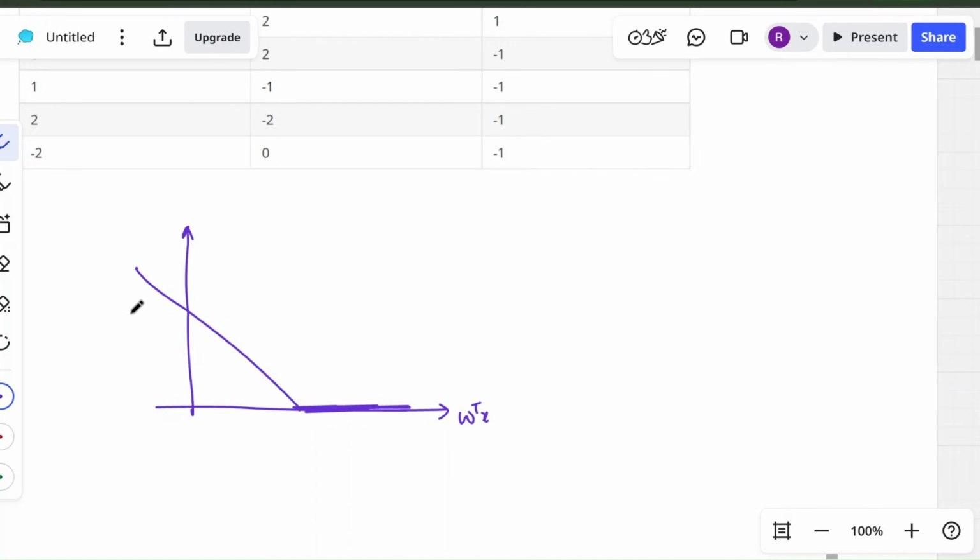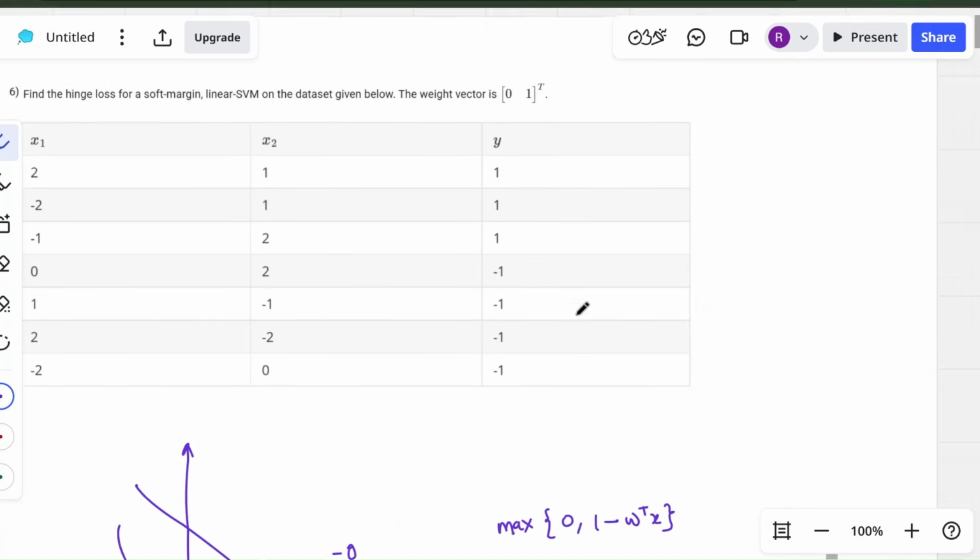And this part is nothing but 1 minus W transpose X, which would have continued, and this whole part is just equal to 0. So the hinge loss is nothing but the max of 0 comma 1 minus W transpose X. So we just have to compute that.